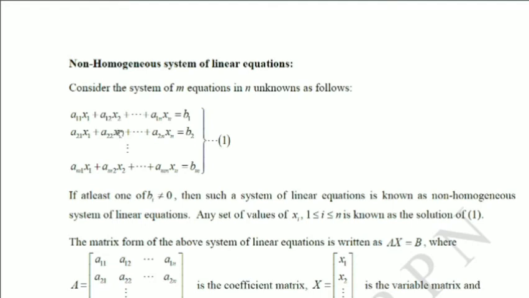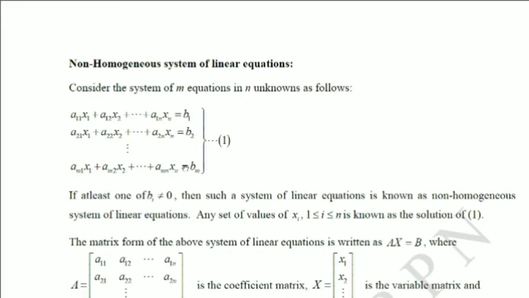So a system of linear equations is said to be non-homogeneous provided at least one of these, or all of these, are non-zero.